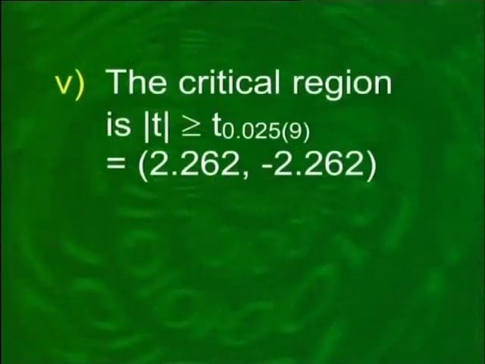Degrees of freedom n minus 1 है. हमारे पास 10 recruits थे, तो 10 minus 1 means 9, and so when we look in the T table against 9 degrees of freedom under 0.025, what do we get? As you now see on the slide, the critical values come out to be 2.262 and minus 2.262.